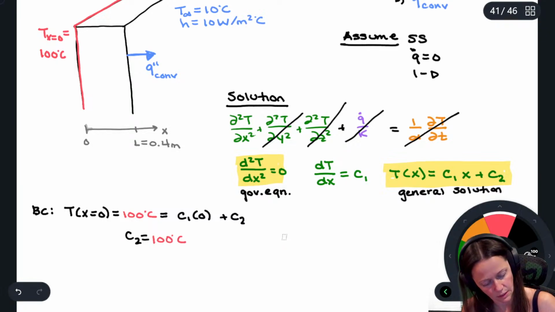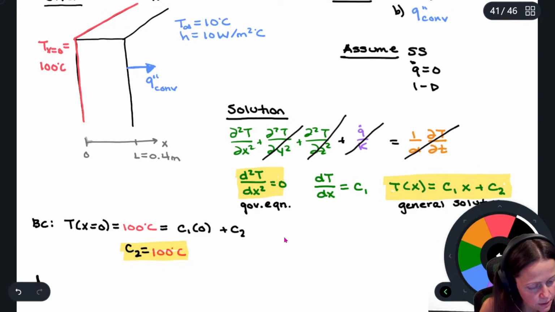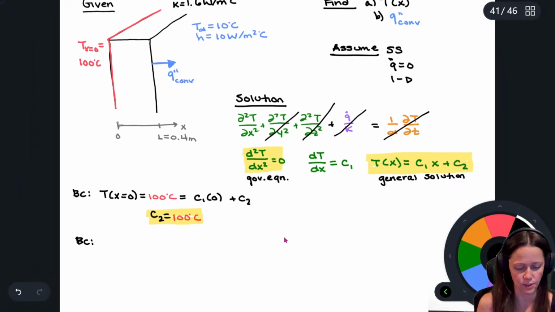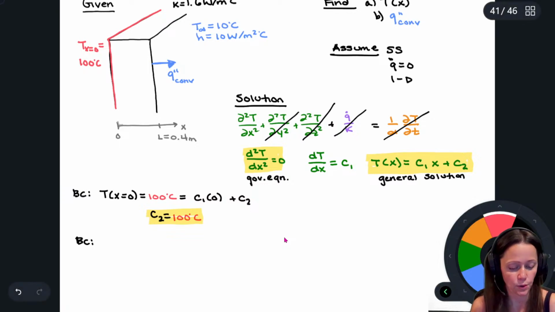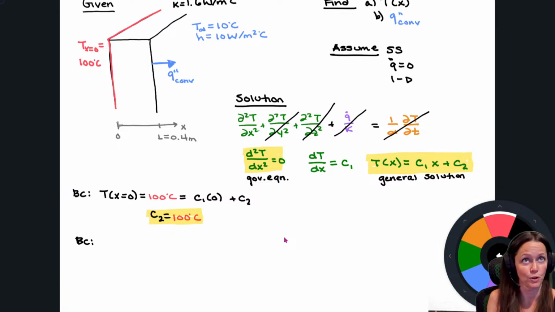Perfect. I'm going to highlight that because that's useful. Next boundary condition: it's a convective boundary condition, and it's defined at x equals L. If I did a surface energy balance at x equals L, whatever is going out has to be coming in, and vice versa.